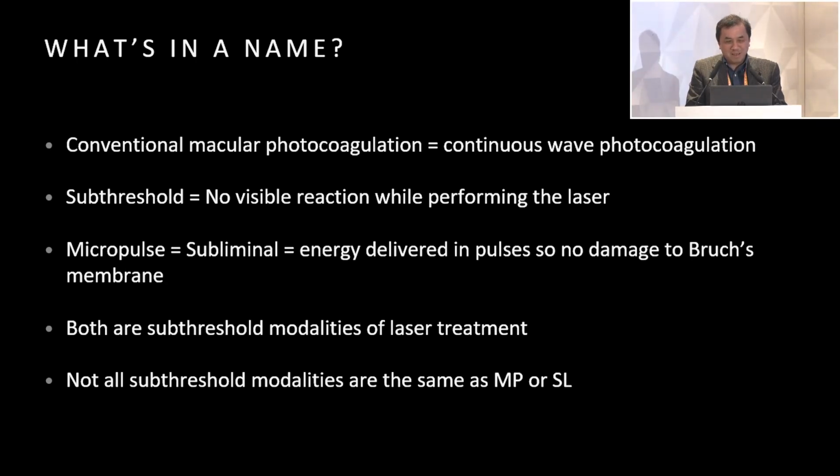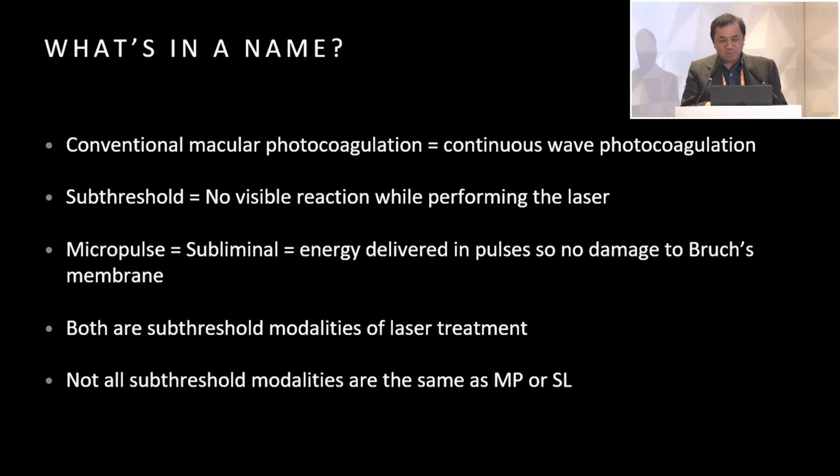Micropulse, the name micropulse is a patented name that actually is by Iridex, and before then it was used very openly by all the other companies, but then Iridex started enforcing their patents, so other companies had to come up with other names. So for instance, here the Quantel people use subliminal.